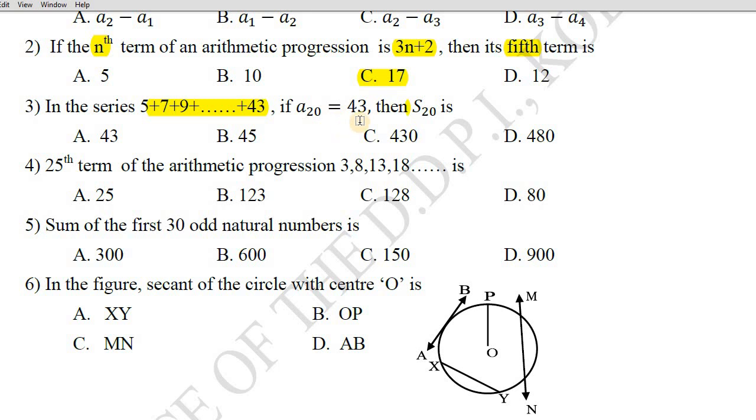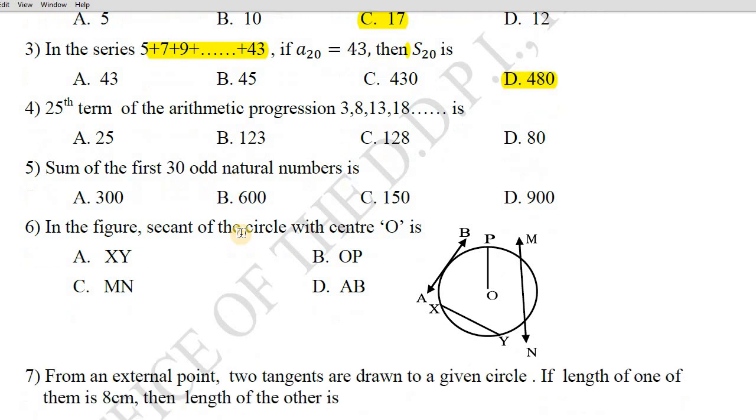And A20 equals 43 they have also given. But my suggestion is, since the arithmetic series is already given, we can easily find the values of a, d, and n is 20 because we wanted to find the sum of 20 terms. Consider the sum formula Sn equals n by 2 into 2a plus n minus 1 into d. A value is 5, children, D value is 7 minus 5 which is 2, and n value is 20. Now substitute all these values in the formula. So we get answer 480. That is option D is correct.